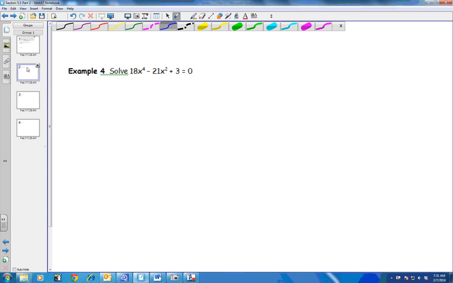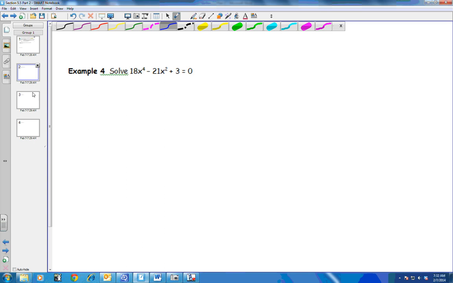So we're going to start with example 4. Remember the first part of this lesson, we learned how to factor the sum and difference of cubes, and we just practiced factoring. So the rest of these problems we want to solve, and we're going to solve by factoring.